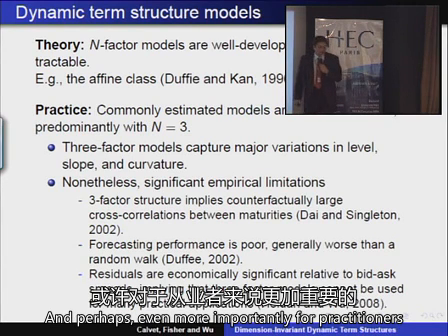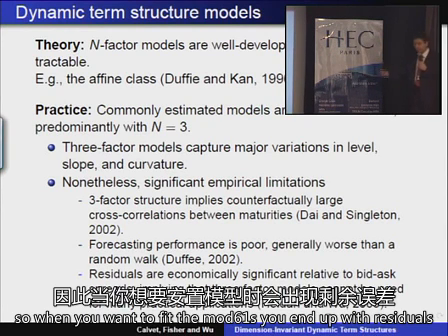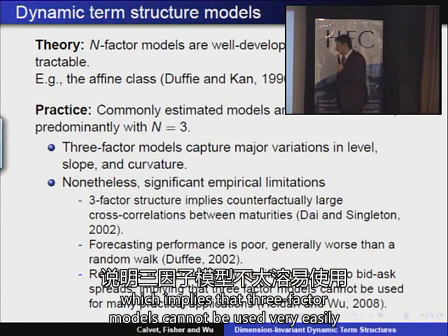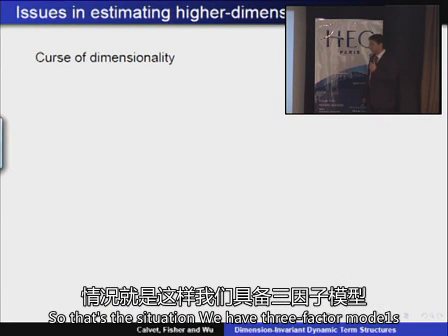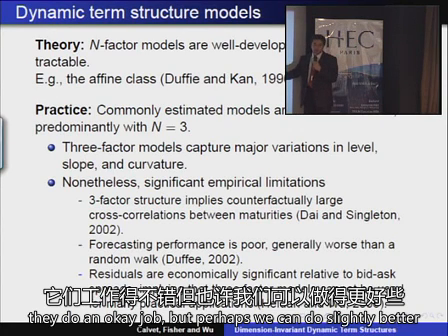And perhaps even more importantly for practitioners, when you fit a model, you end up with residuals that are economically significant relative to the bid-ask spread, which implies that 3-factor models cannot be used very easily. So that's the situation. We have 3-factor models. They do an okay job, but perhaps we can do slightly better.